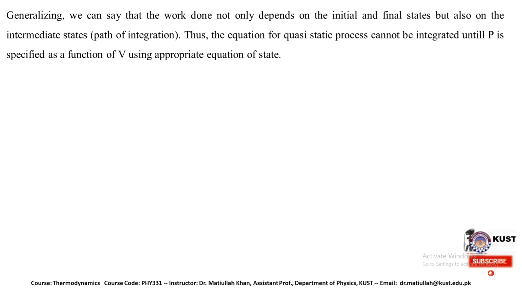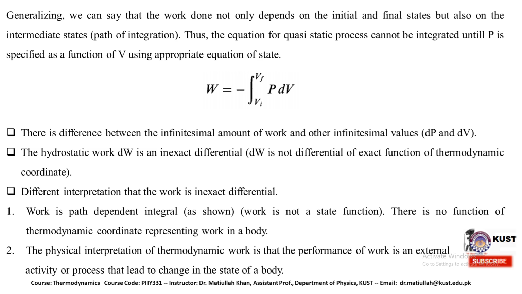In other words, it depends upon the path of integration. So the equation for a quasi-static process cannot be integrated until P is specified as a function of V. The work done can be generalized as minus integral from Vi to Vf of P dV.